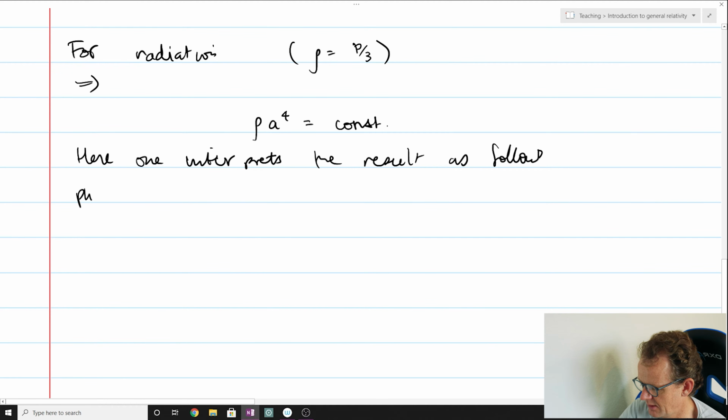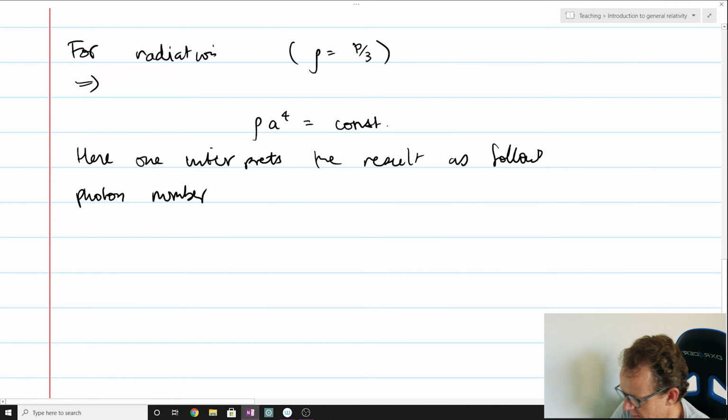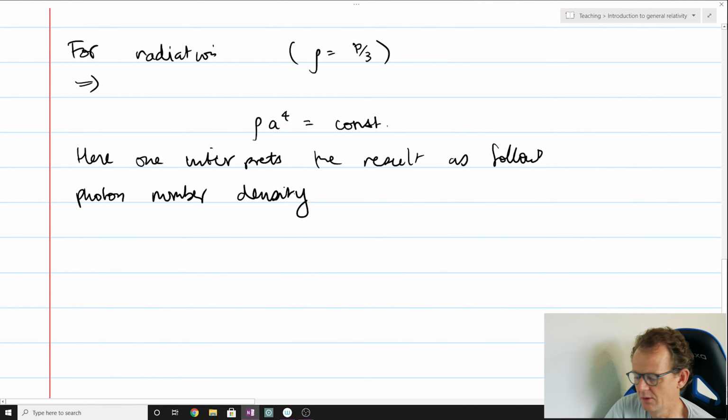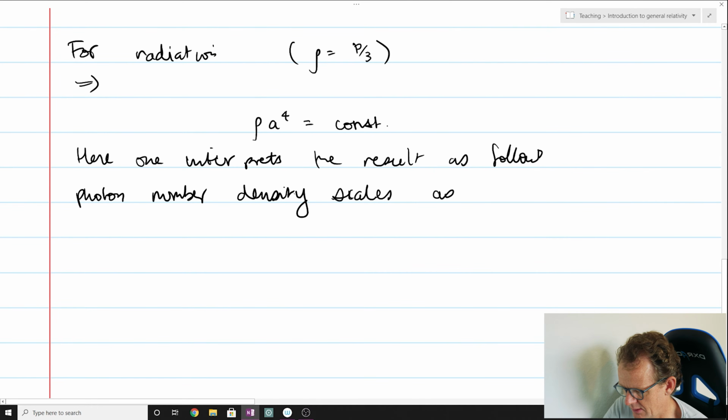The photon number density, so the number of photonic modes you have in a volume, scales as the inverse of the volume, as a to the -3.